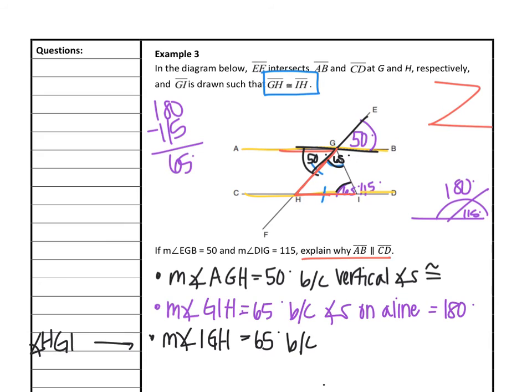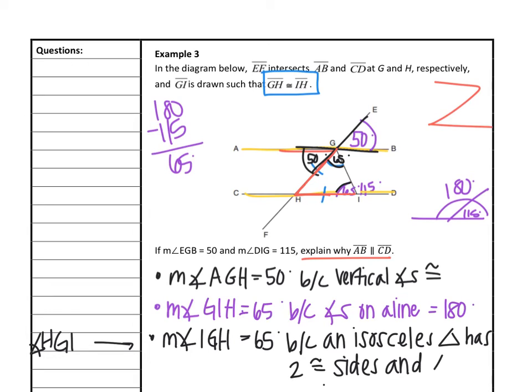Because we're explaining that isosceles triangle. An isosceles triangle has 2 congruent sides and angles. Don't forget to state both of them, sides and angles.